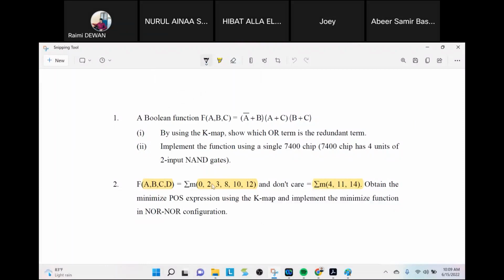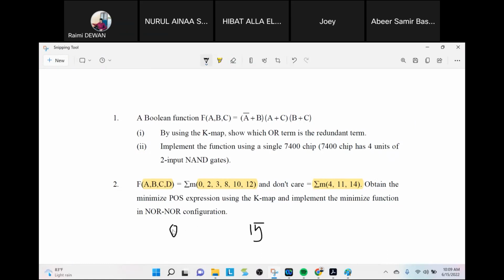Okay, so you have ABCD, which means you have 0 until 15 combinations. Since the don't cares are 4, 11, 14 and the minterms are 0, 2, 3, 8, 10, 12, the POS is everything other than that.